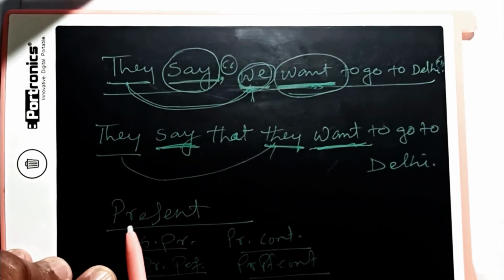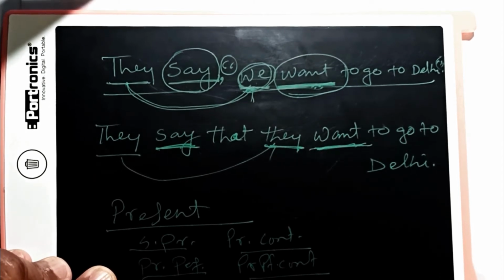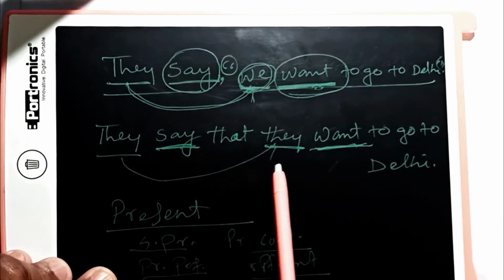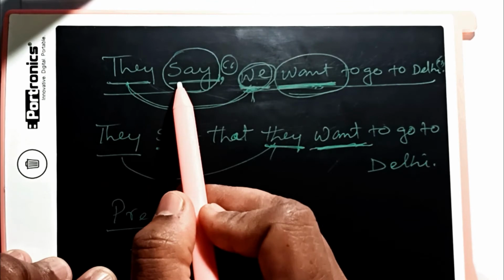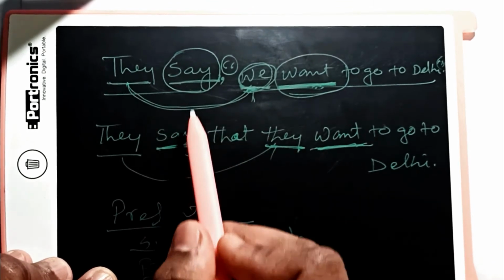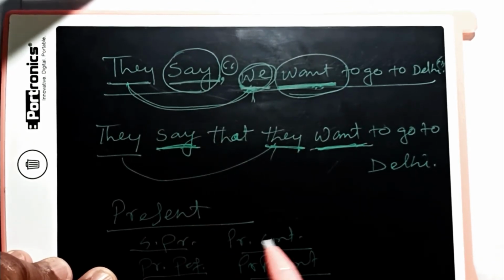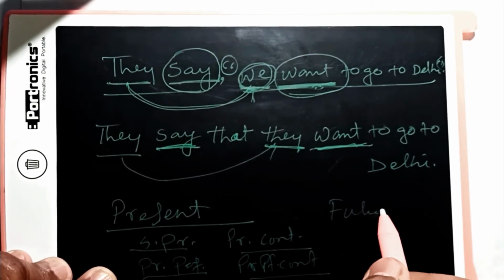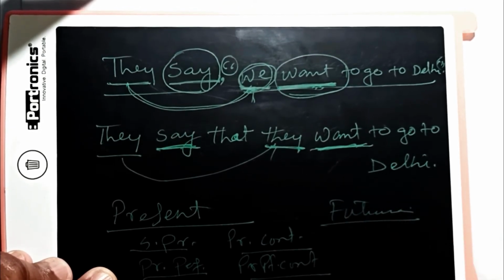After all, a present tense has got 4 different categories, which is simple present, present continuous, present perfect, and present perfect continuous. Now in the case of future tense also, because the first rule states if the reporting verb is present or future. We have present in this case, but it may be future tense also. So even if it is future tense, you have to reconsider this particular thing.